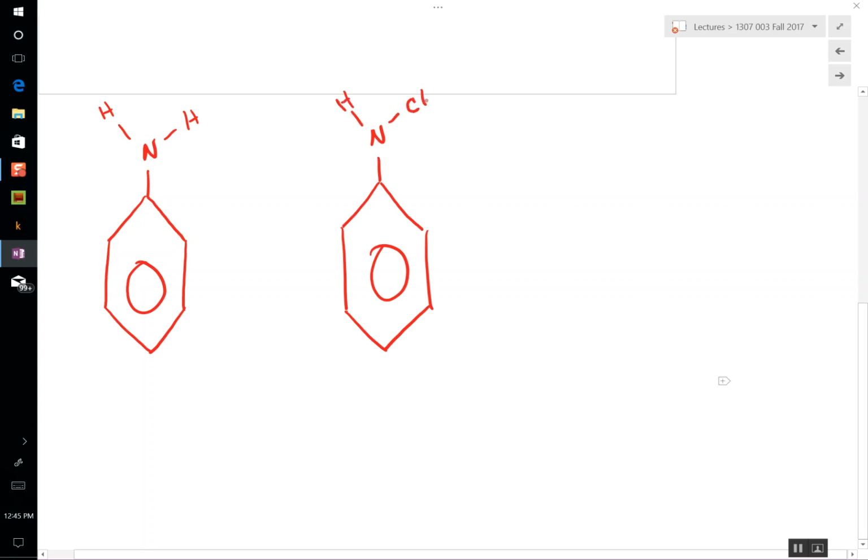There's aniline, but we've got a methyl group attached to that nitrogen instead of 2 hydrogens. Here is aniline. We're going to have a methyl group attached to the benzene ring.